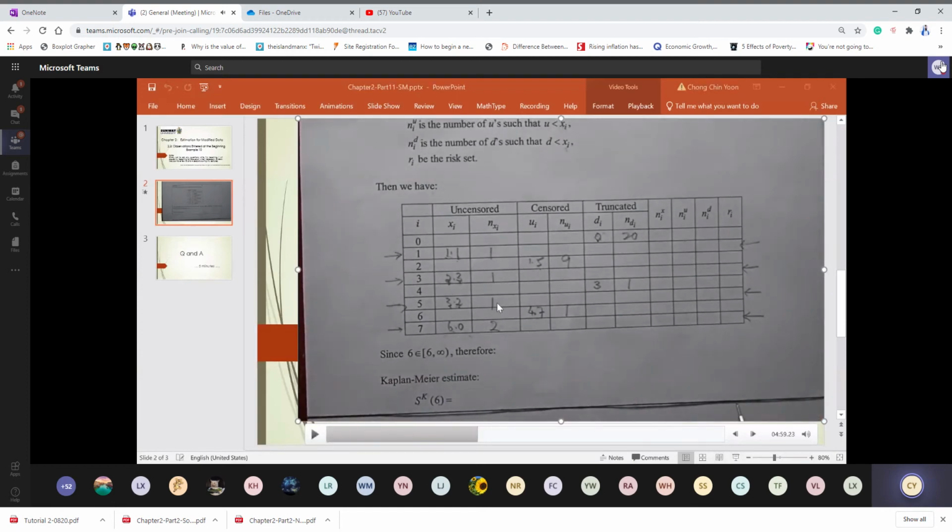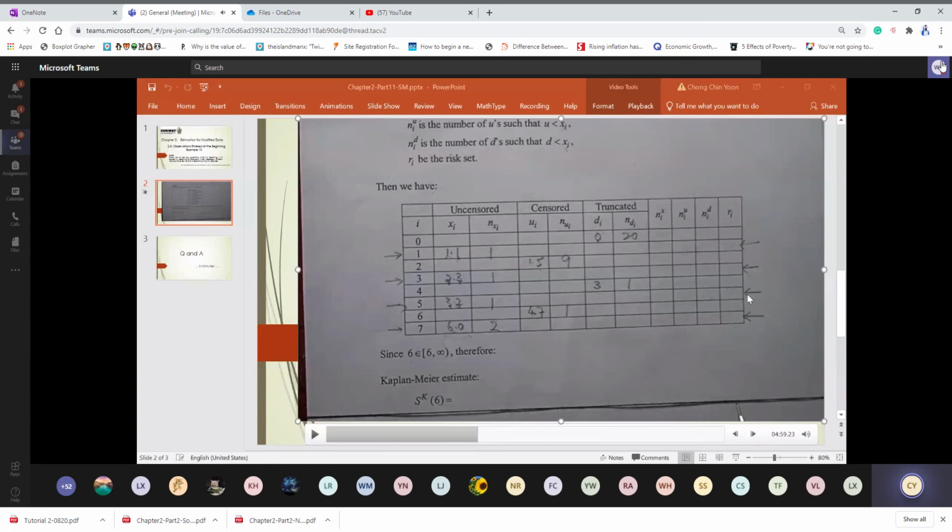This is important, class, because under one table, you cannot find all the R values in all the rows. There are only 4 rows that you need to consider based on the uncensored values: 1.1, 2.3, 3.2, and 6.0. So you only refer to the rows for 1.1, 2.3, 3.2, and 6.0.